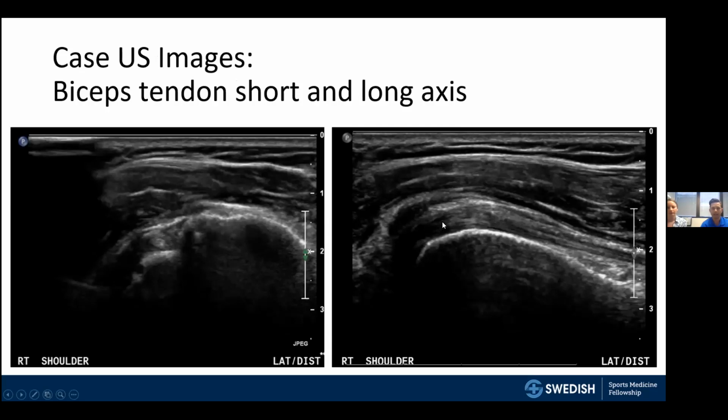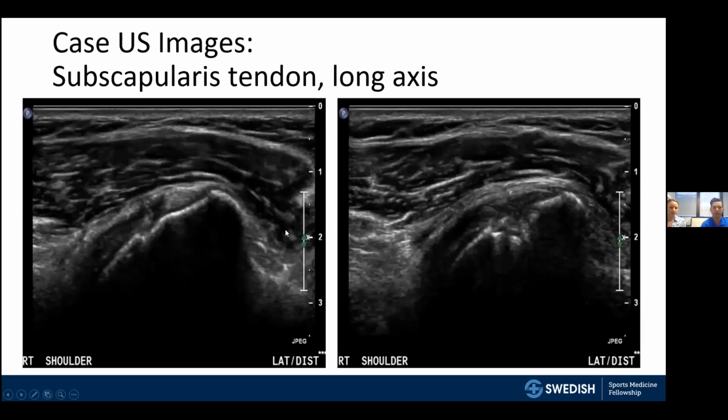In long axis on the right, you can see a nice fibrillar pattern that runs across the screen. It's flattening out. One thing to note is that there is a hypoechoic or anechoic area just superficial to the biceps tendon, and this could possibly represent an effusion within the subacromial or subdeltoid bursa.